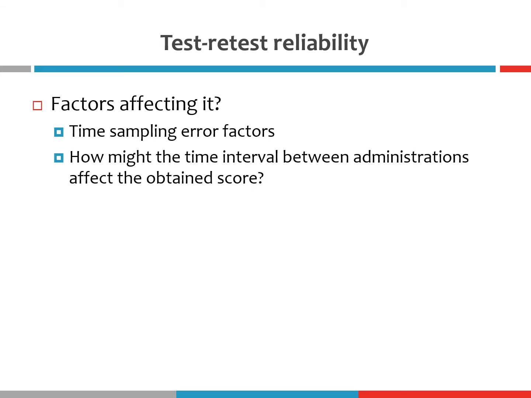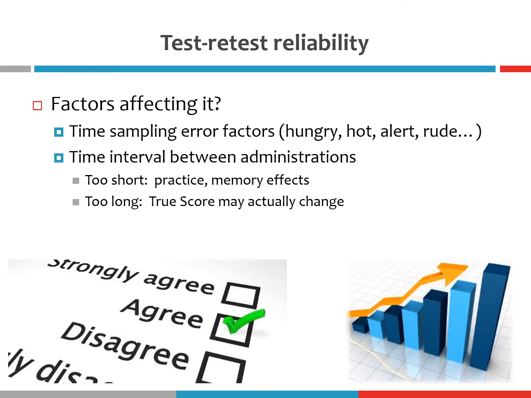Okay, so what are some factors that influence test-retest reliability? And how might the time interval between administrations of the same test affect the obtained score? Well, we know that there are going to be time sampling error factors anytime we administer the same test, right?